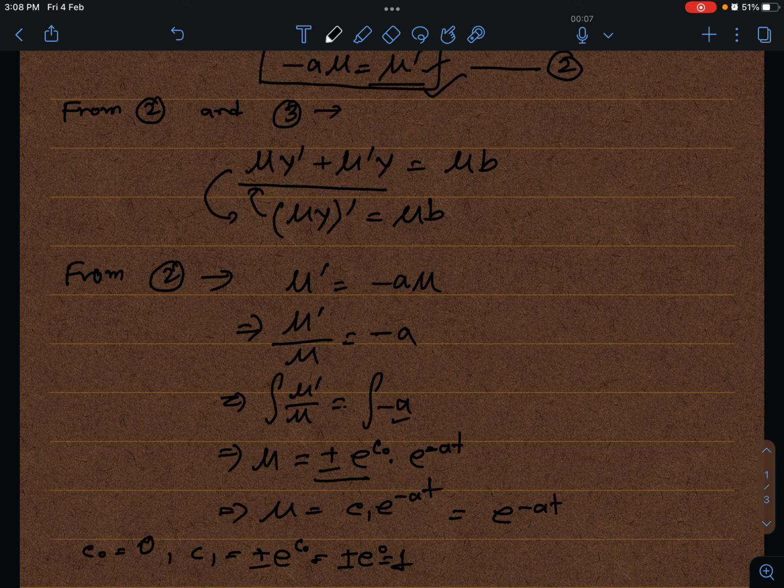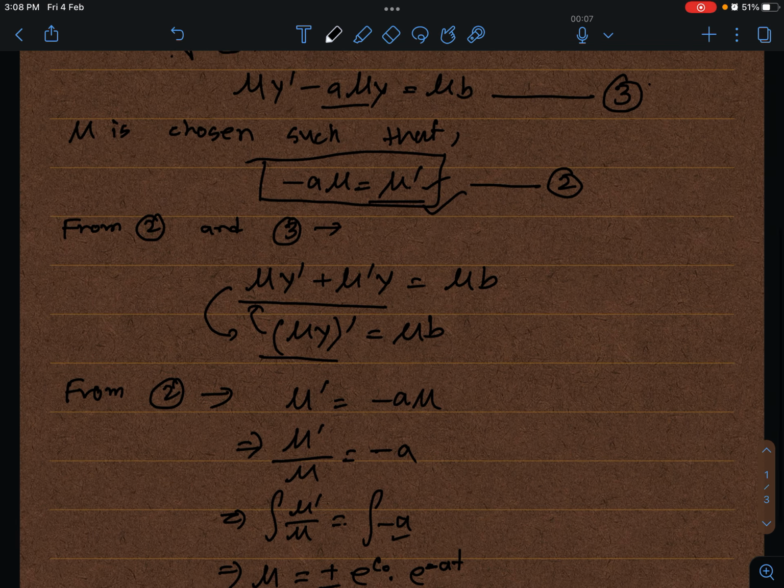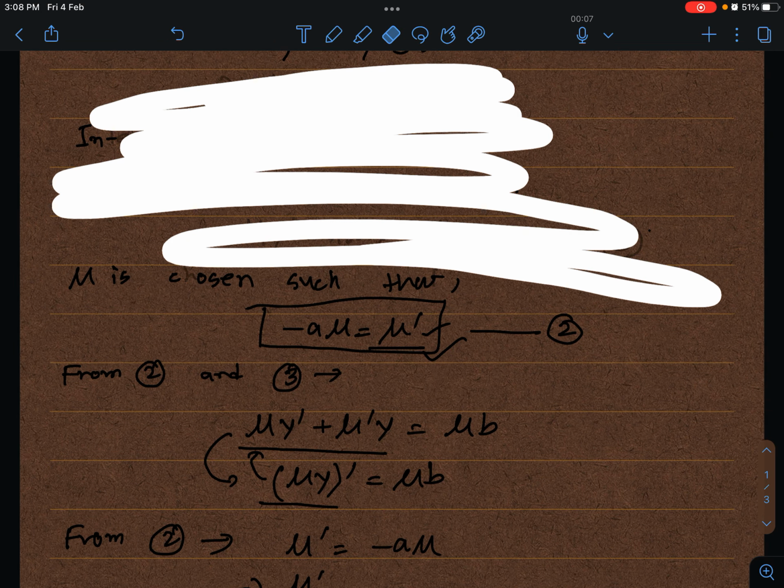Now if we plug in this value of e to the power minus at here, what would we get? So let's erase the upper part.